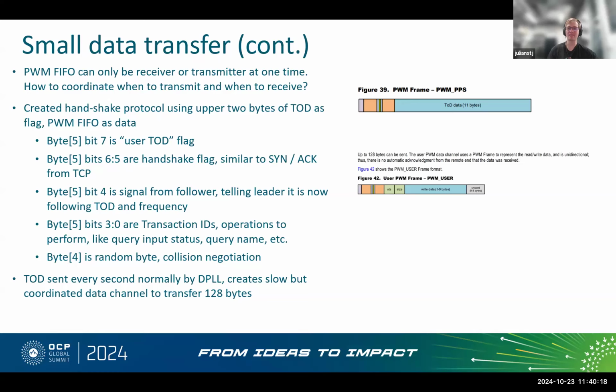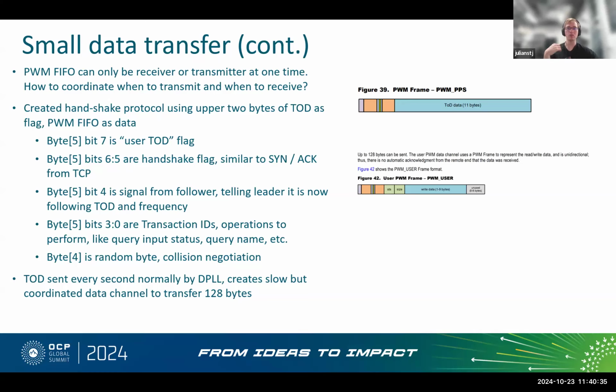They have register sets where the time of day counter, you can step it or add to it, absolute values. And then they also have the FIFO mechanism, which, like I said, you have to set up as either transmit or receive at any given time. So this was all done ad hoc. It's not done in the firmware.